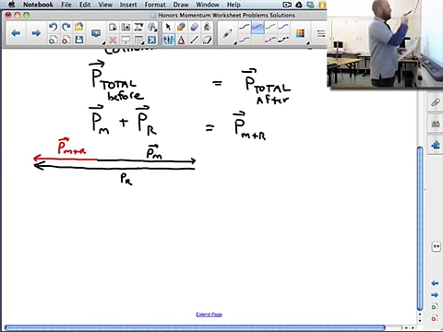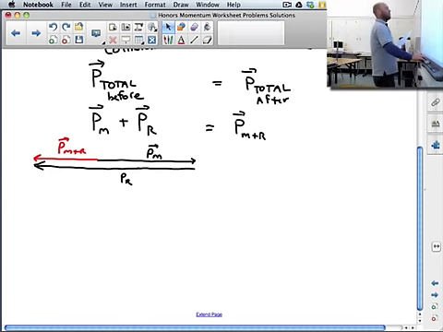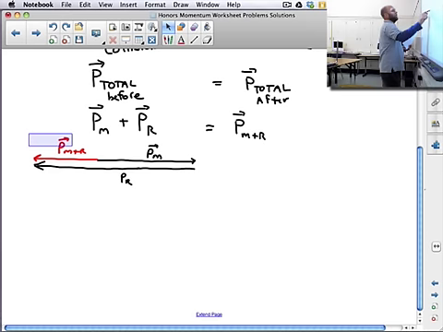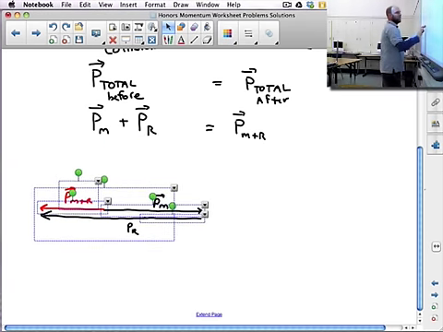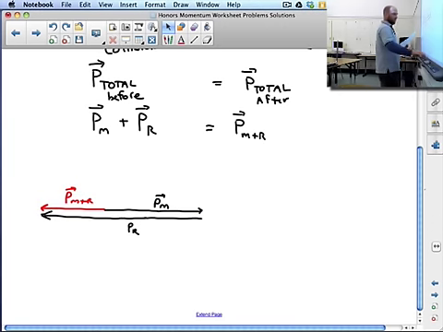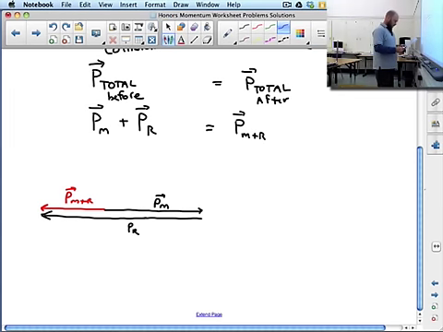So I can start figuring these vectors out. Let me move this down, please. There we go. Give myself a little more room. And let's just put our numbers in. I have the masses of both cars. The Cooper is moving 38.5 meters per second.